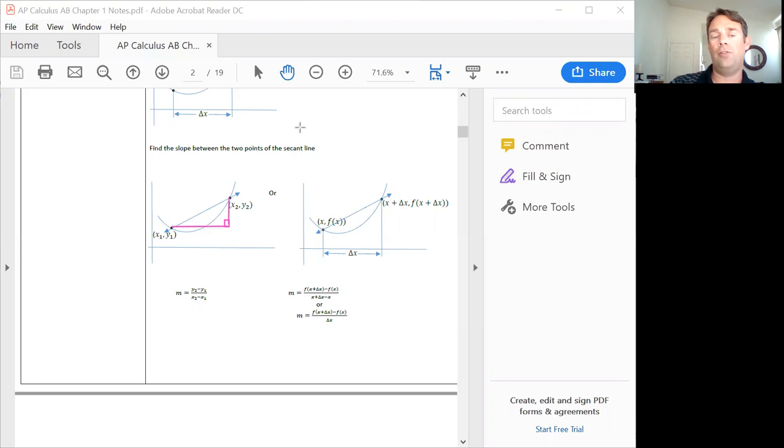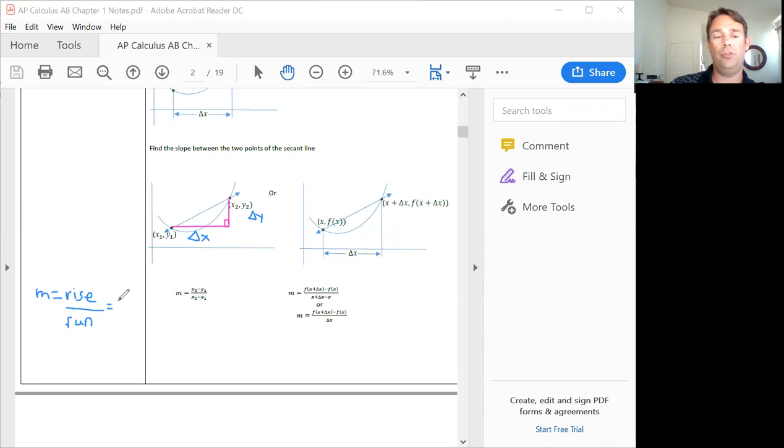And you guys learned that is the change in y over the change in x. So then we learned that the slope was the difference of rise over run.